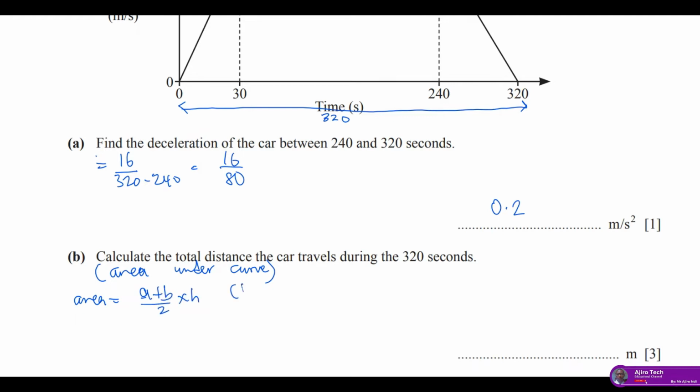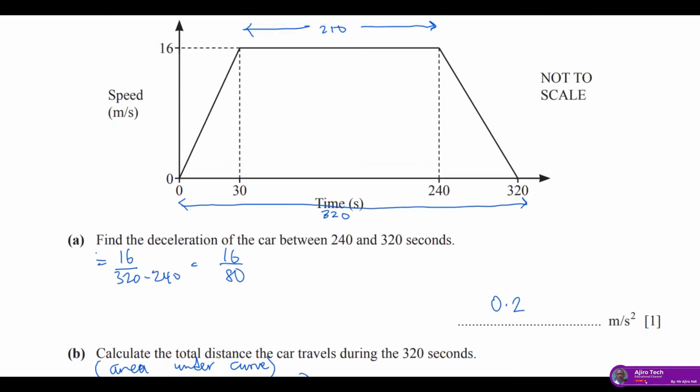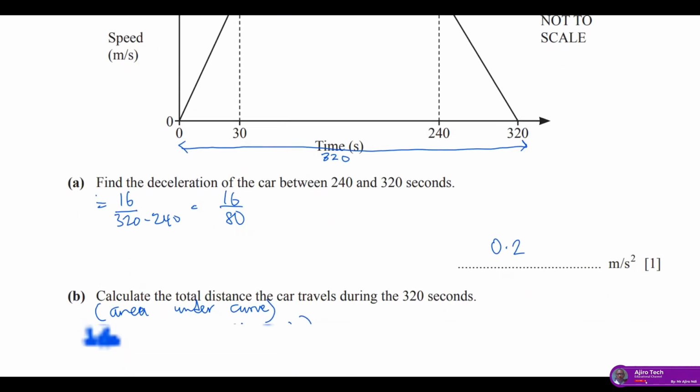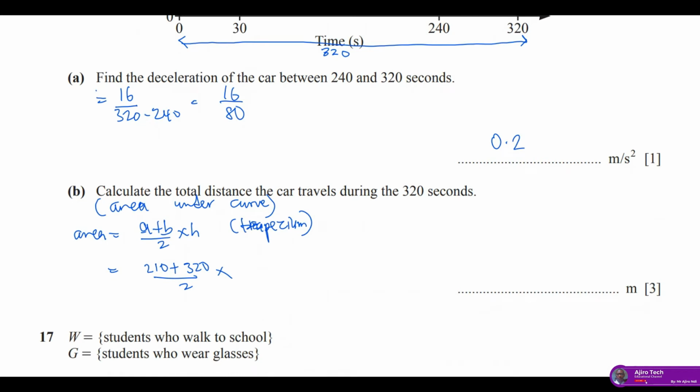That's the trapezium formula. A and B are 210 plus 320, divided by 2, times the height, which is the perpendicular distance between the two parallel sides, which is what? 16. The height should be 16.